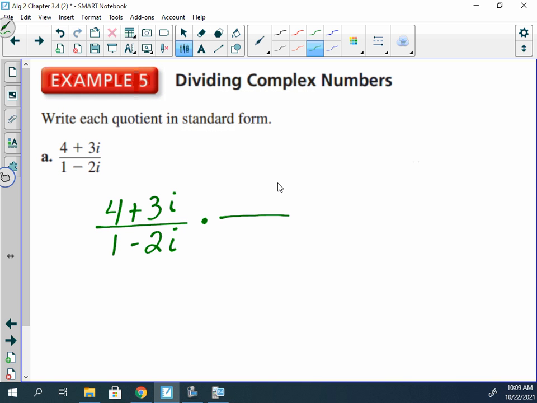So what we can do is multiply the top and bottom of this by its complex conjugate, which would be over 1 plus 2i. So really, what are we multiplying this fraction by? 1. Anything divided by itself is 1.